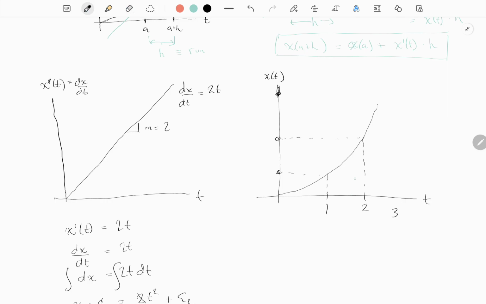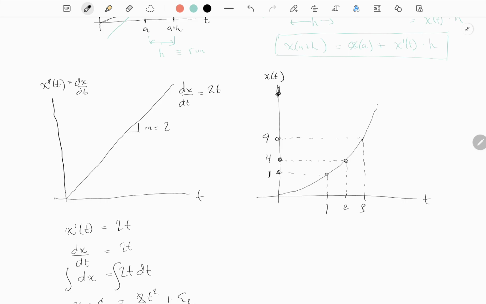Here's what I'm going to do, I'll just take points in the middle here, and we'll grab these. So if t is 1, then x of t should be 1. If t is 2, then x of t should be 4. If t is 3, then x of t should be 9.